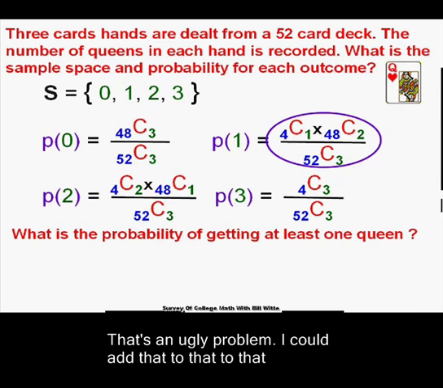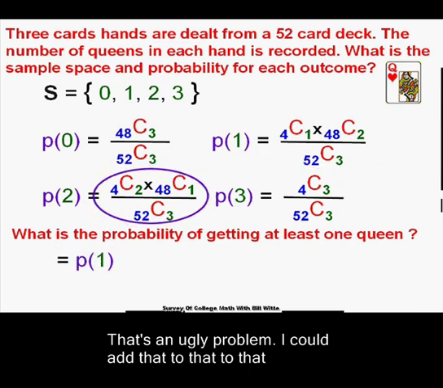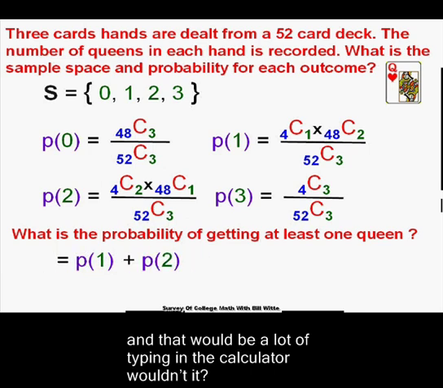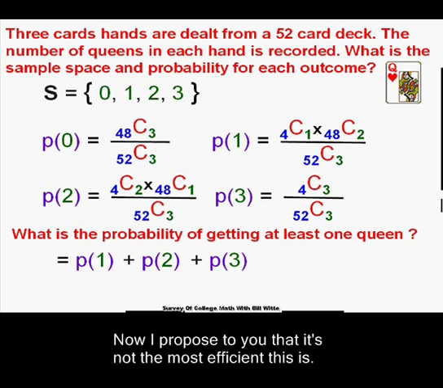I could add that to that. It's a lot of typing in the calculator, isn't it? And add it to that. What a dumb thing to do. I bet you wouldn't have done anything like this if Mom and Dad were here. Seems like a smart thing, but I proposed to you that it's not the most efficient way to do this.